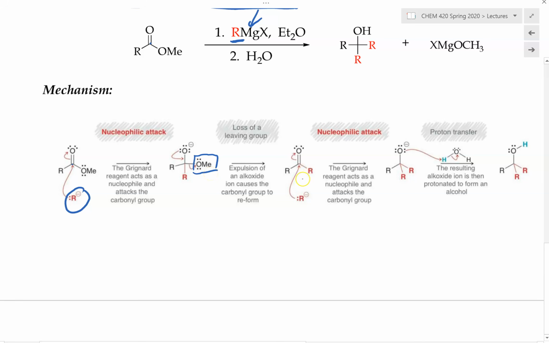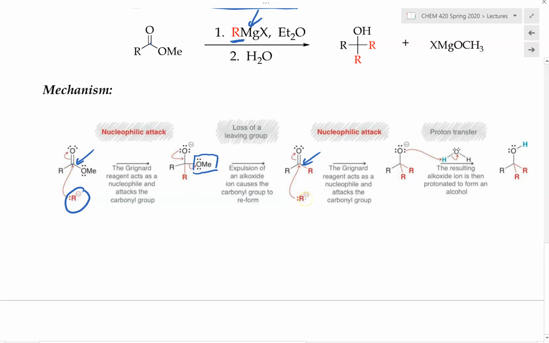But it's not possible for us to stop at this ketone right here, because the ketone carbonyl is even more reactive than the ester carbonyl. So the remaining Grignard reagent will come in and react with this ketone first before it comes back and reacts with the ester.